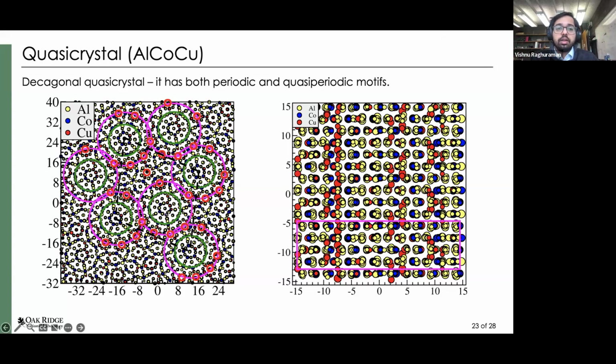And here you have basically in the XY plane these quasicrystalline motifs that you can see from the left image. And on the right, you have repeating blocks of 8 angstroms. This structure was generated by Yang Huang, who was a grad student in our group who has now graduated.